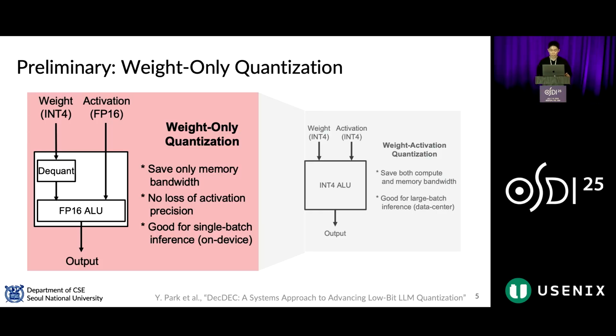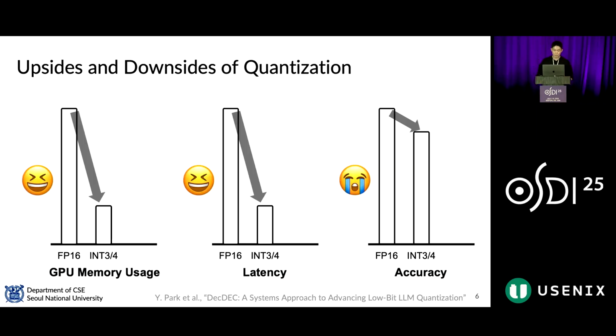Here, only the weights are quantized and dequantized on the fly for the computation. This approach focuses only on memory bandwidth reduction because there is no need to save computation. By doing so, this approach minimizes accuracy loss due to activation quantization. The key benefits of quantization are reduced GPU memory consumption and lower latency. However, at the same time, it inevitably leads to some loss in accuracy.